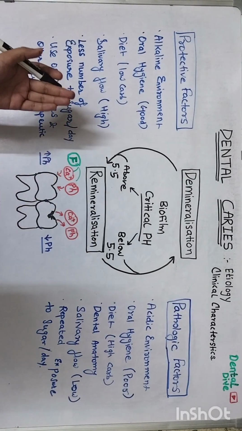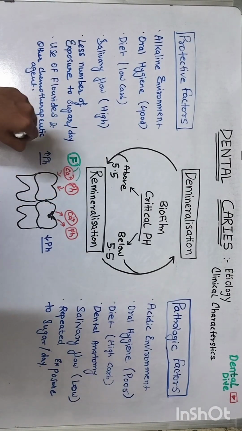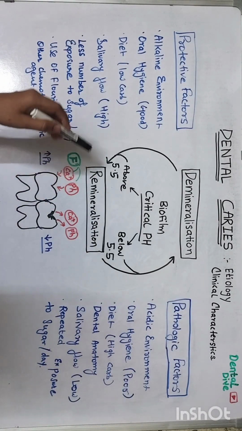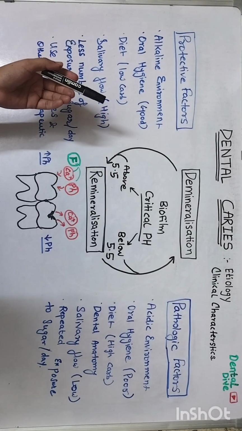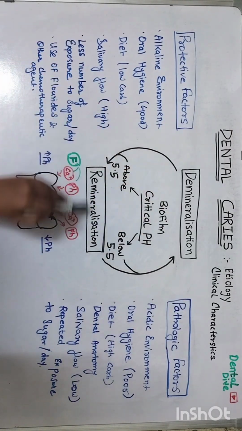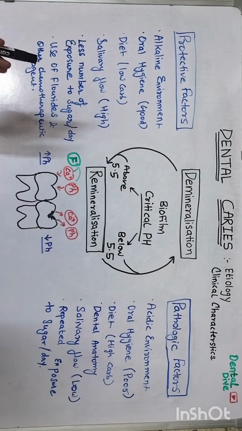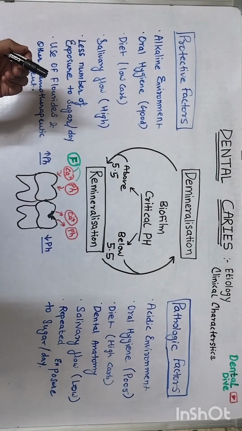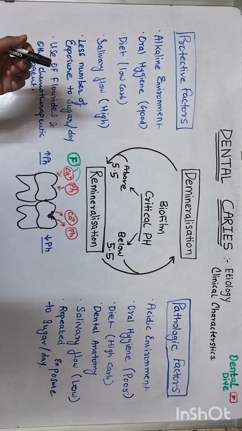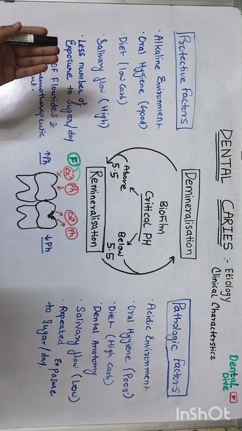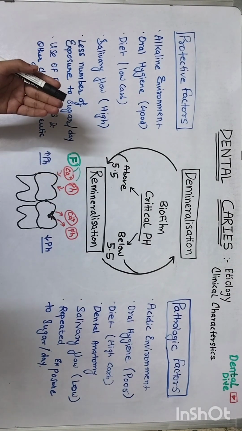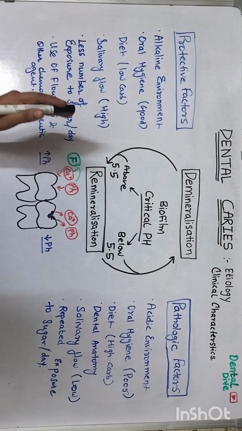If it is above 5.5, there will be restoration of these levels, which will aid in prevention of dental caries. So this is all about the demineralization and remineralization cycle. If there is repeated demineralization in the person's life, then it will result in tooth decay, formation of dental cavity.